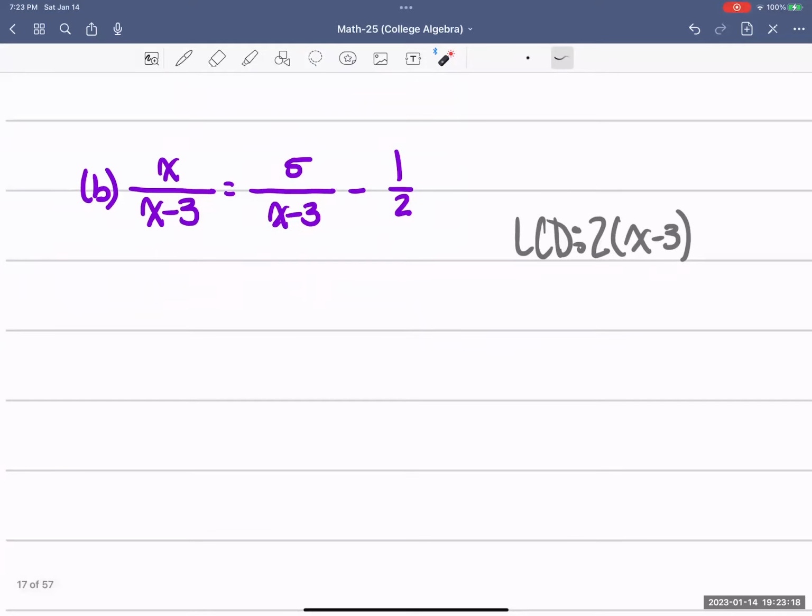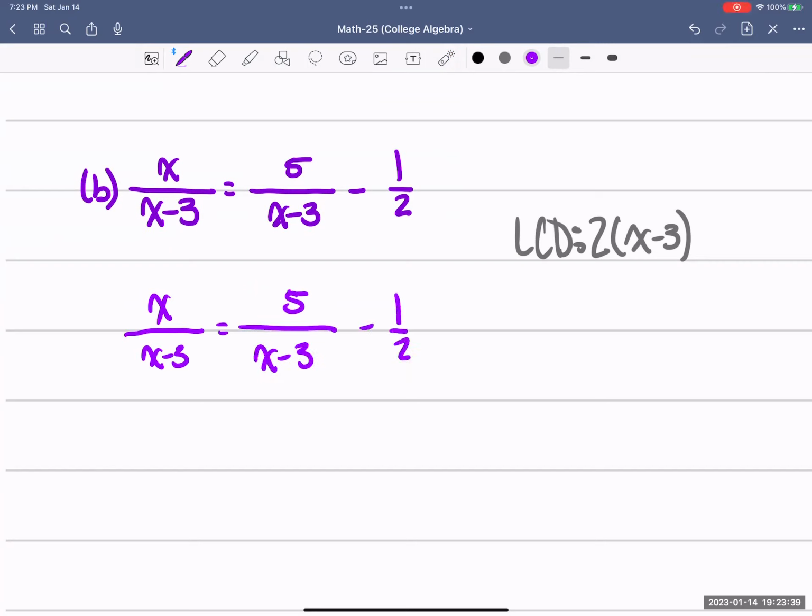We can't do our little cross multiplication shortcut because we don't have fraction equal to fraction. So we have to do it the long way. So we have our x over x minus 3 is equal to 5 over x minus 3 minus 1 over 2.